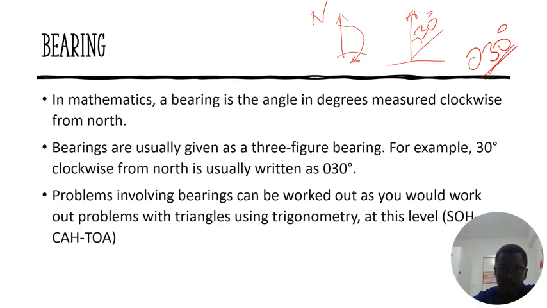A bearing is an angle measured clockwise from the north. North is our reference. From there, if you measure clockwise, you get a bearing. But make sure it is a three figure. Remember that one can complete a cycle, and in a cycle you have 360 degrees.